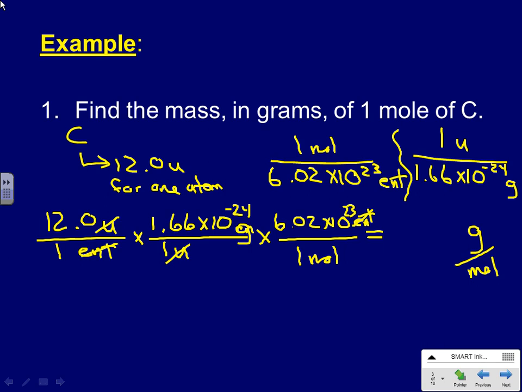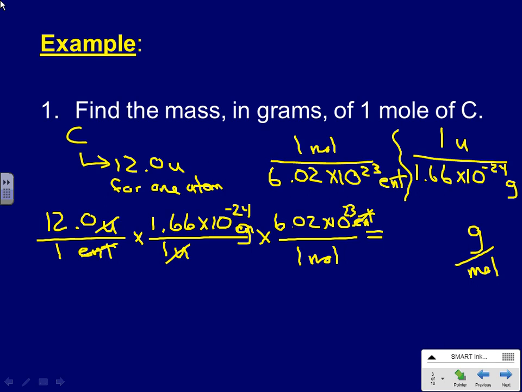What are the only units that I have left here in my whole calculation? What are the only units that are residing at this point? Yep. Grams on the top and moles on the bottom, right? Which means if I put all of these things together, I should then have the mass of 1 mole of a substance. Go ahead and do that calculation. 12.0 times 1.66 times 10 to the minus 24 times 6.02 times 10 to the 23.